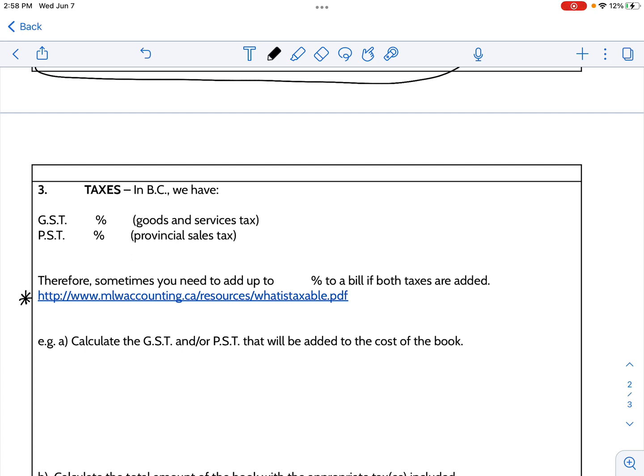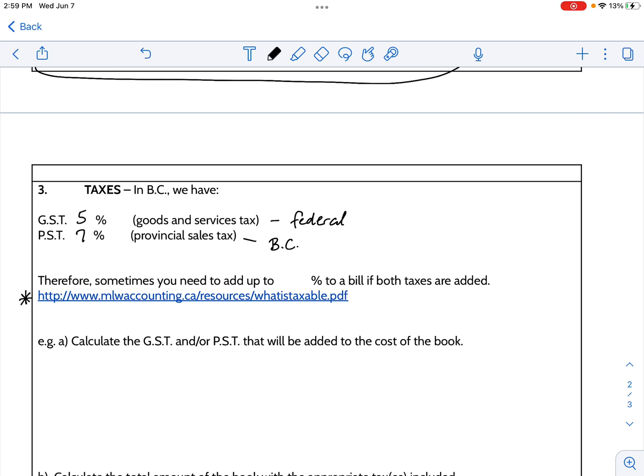The federal tax, which means this is across Canada, is the GST, which is goods and services. Goods and services is 5% of whatever the subtotal is. And then the PST, which is the provincial sales tax, is specific to BC because all provinces have different rates. It is 7%.